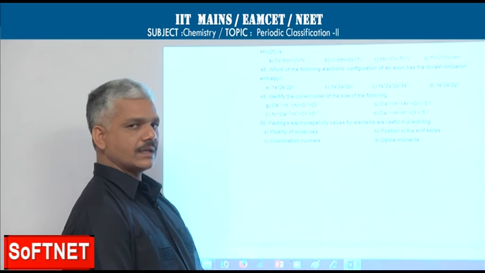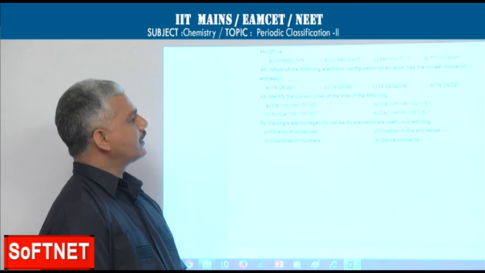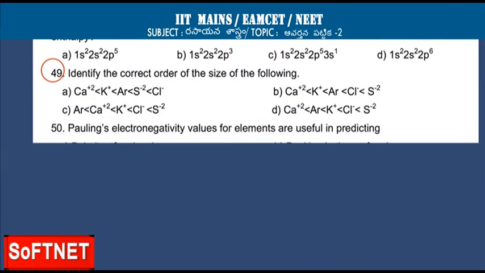And in case of anions, with increase in the magnitude of negative charge, the anionic radius always increases. So, applying that concept, the correct option here is B. Ca2+ is the smallest one, then comes K+, next argon followed by Cl- and S2-.